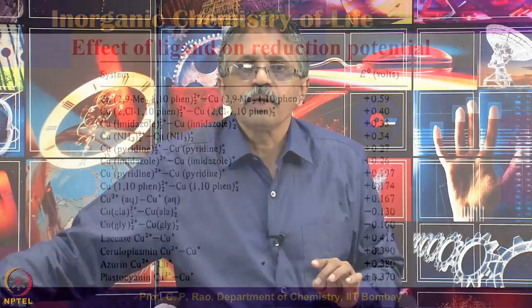So, what we have seen, we have continued with the NMR in this lecture, then we have continued with the EPR, which is an extension. Then we have looked at the electrochemistry, and we started with the redox potentials in terms of cyclic voltammetry.